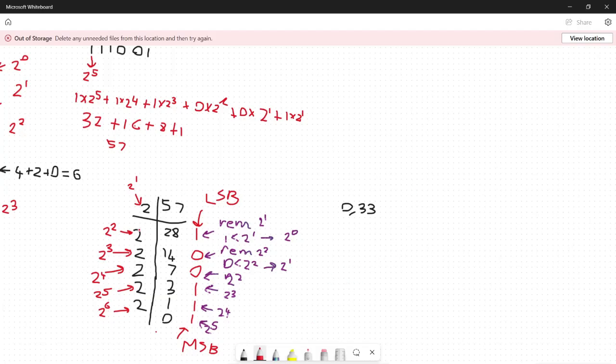If we follow the same method of dividing by 2, well, that number is already less than our starting point of 2 to the 0. It's less than 1. So we can't divide by 2. That won't work.